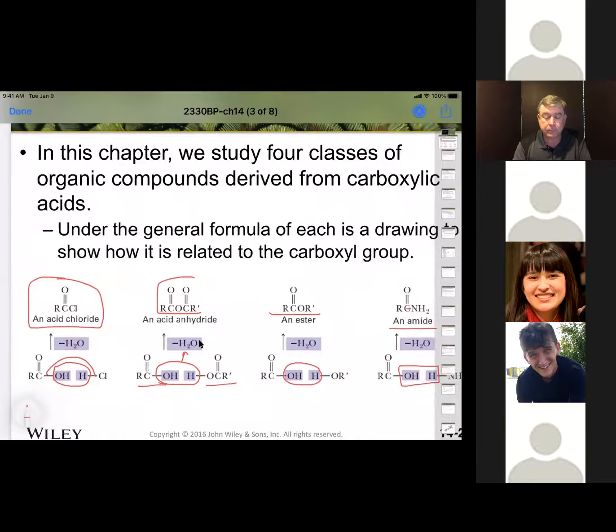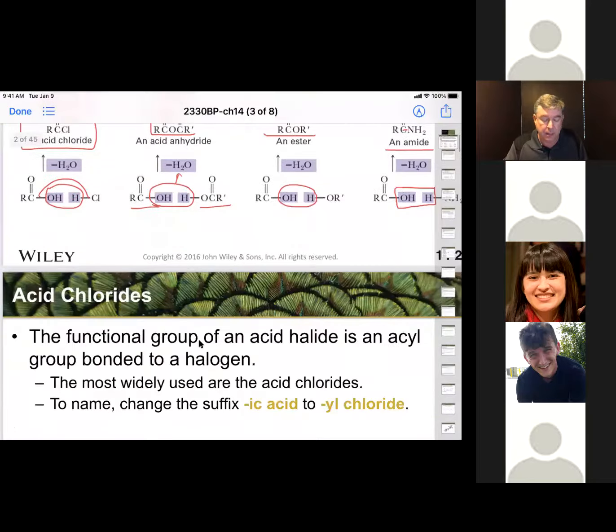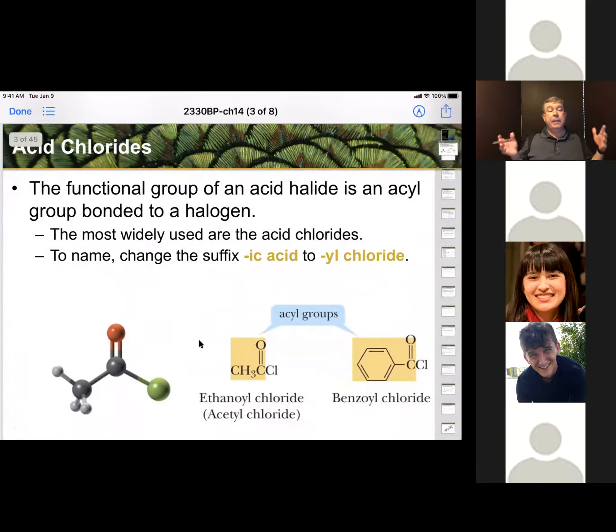Okay. So the cool thing about these derivatives is we're changing the reactivity of this carboxylic acid by changing to these different derivatives, okay? So let's start naming these things. When we name acid chlorides, we had oic acid as our name at the end.